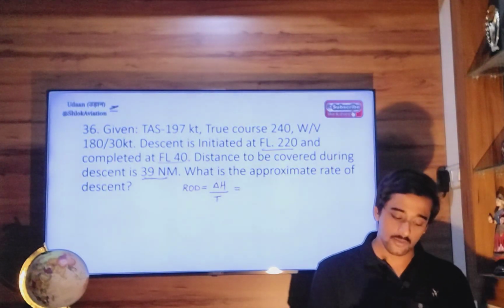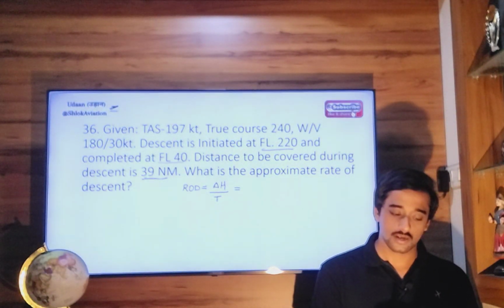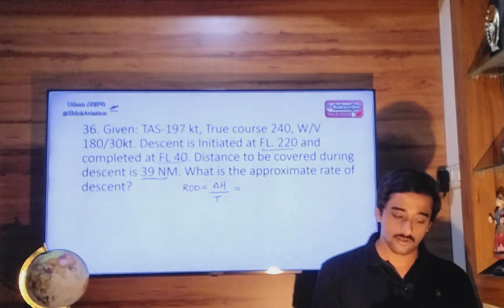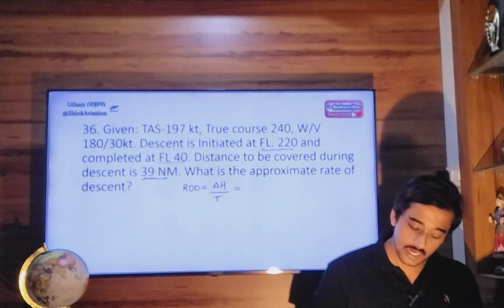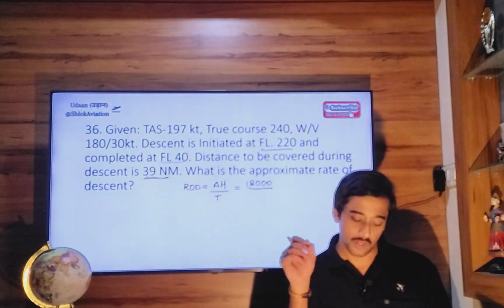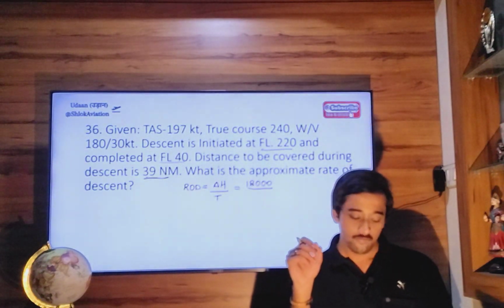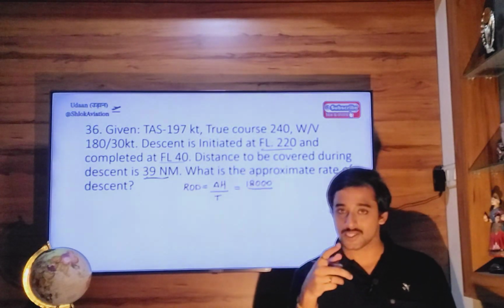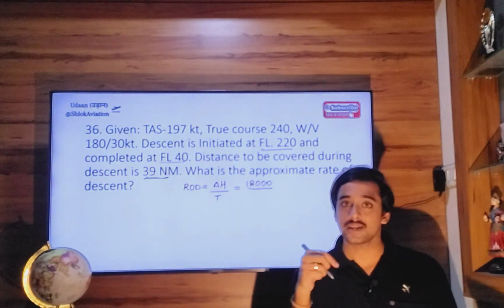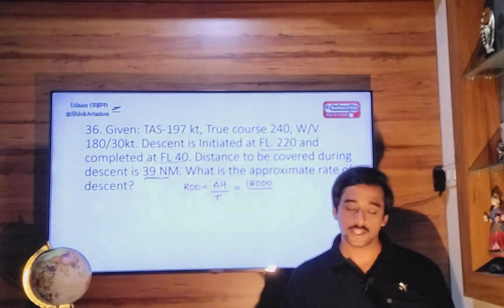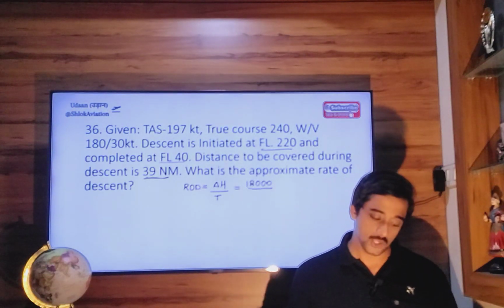You are descending from 22,000 feet to 4,000 feet. That is equal to 18,000 change in height. Now time. To calculate time, you must know the ground speed of your aircraft and the distance. We know the distance. We do not know the ground speed, but we can derive it from the information given to us.